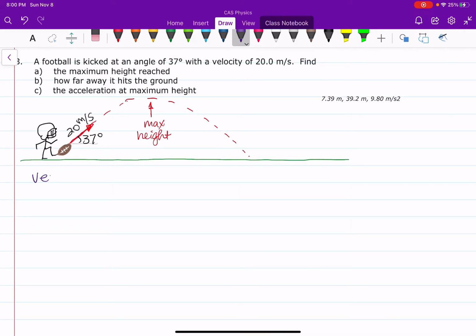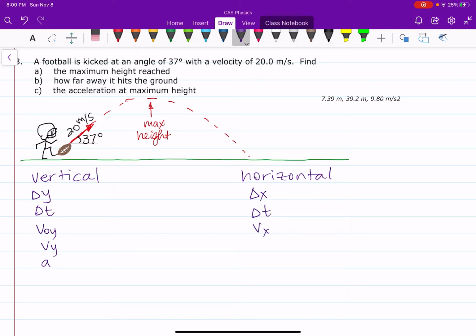We're going to break it into the vertical and the horizontal and write out what we know. So delta y, delta t, v naught y, v y, and a, delta x, delta t, and then vx.